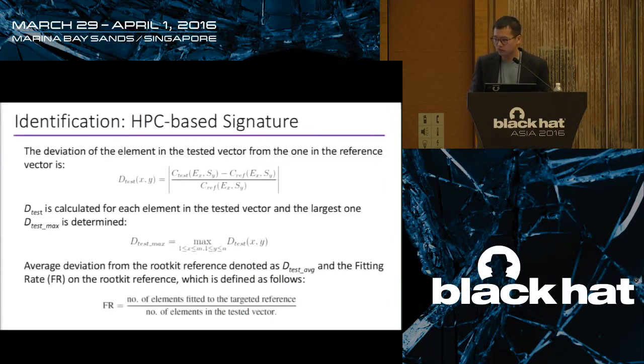And the last one: since now we have many points or many signatures for each rootkit, we want to know how similar two rootkits are when comparing those two vectors, right? So we compare the deviations in each entry in the vector, and we see how many are within the threshold deviation.